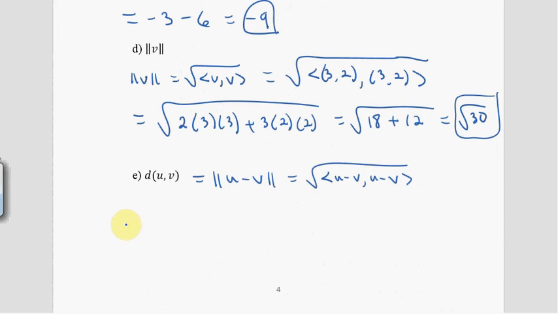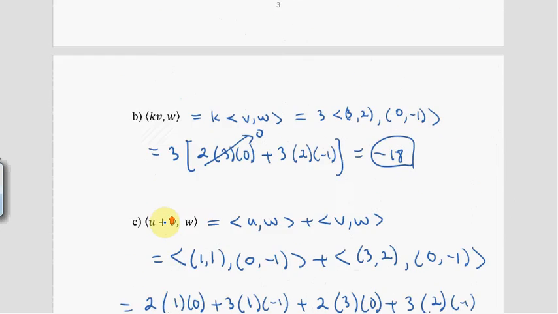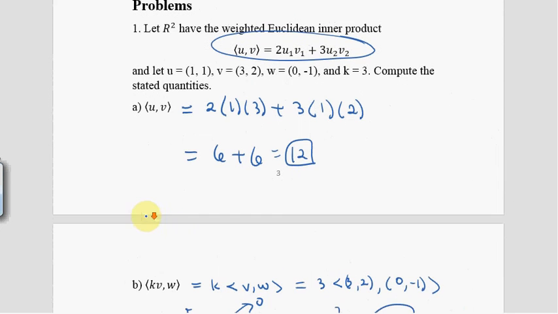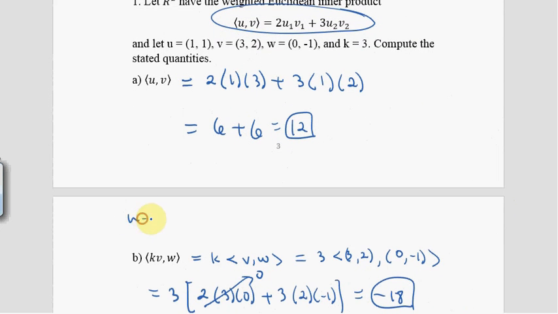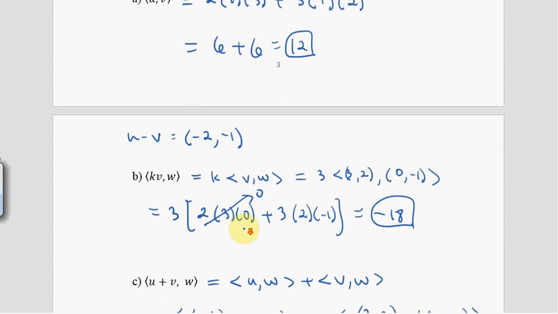So here we just find u minus v. Let's see here, the u minus v is 1 minus 3, so that's -2, comma 1 minus 2, that's -1.